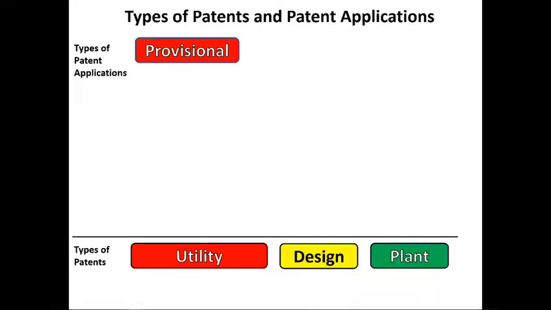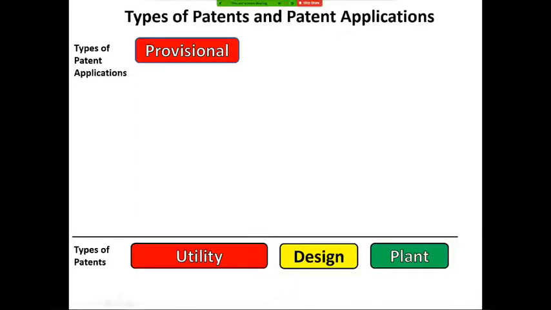And the first type of patent application we want to talk about is called the provisional. Note that this provisional is colored red to match the red of the utility patent, because you can only have provisional applications for utility patents. No provisionals for design or plants. A provisional is a temporary application.